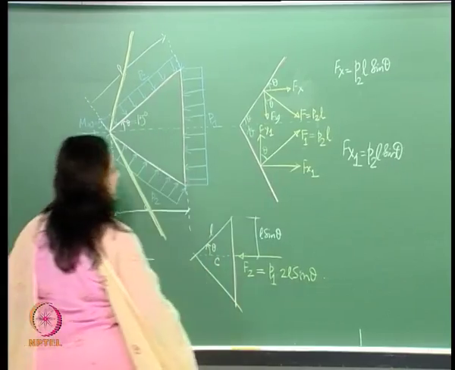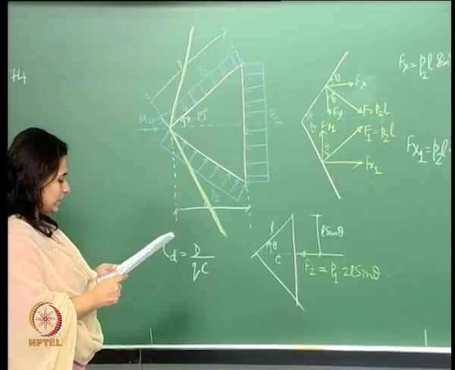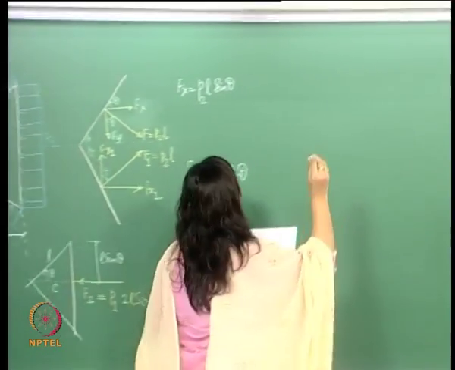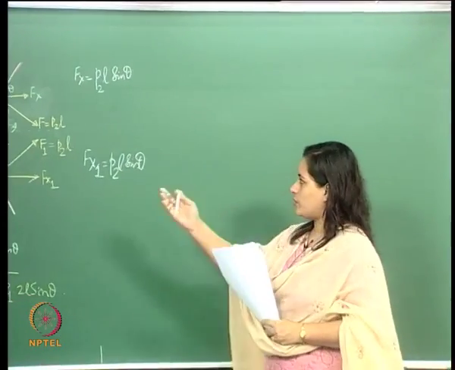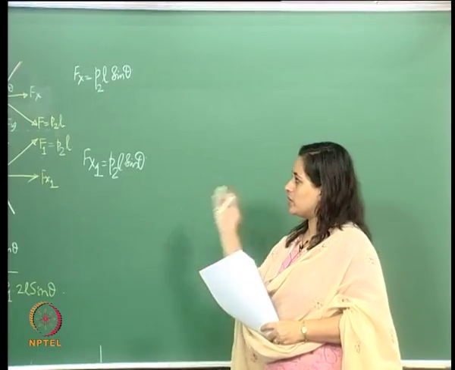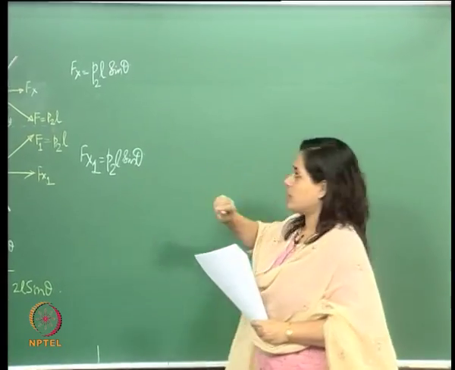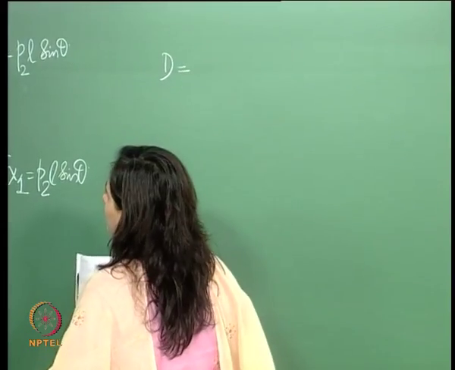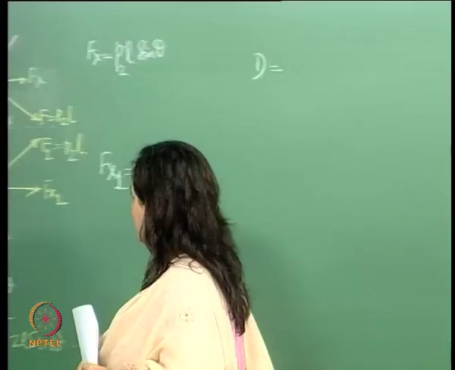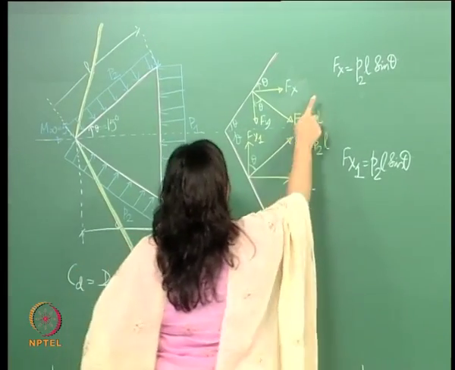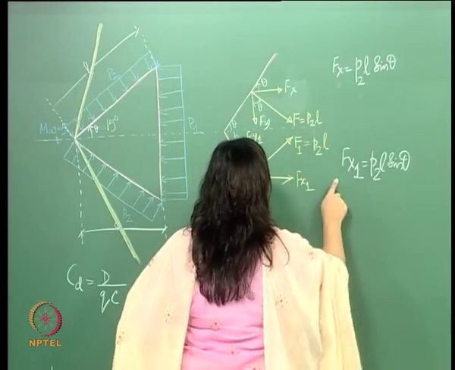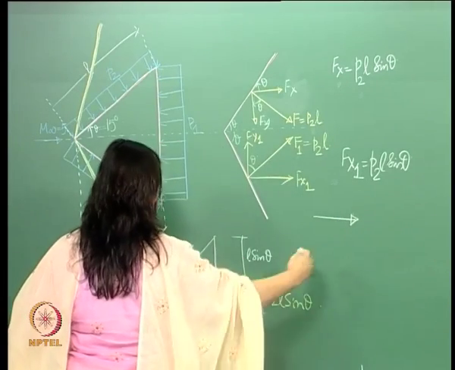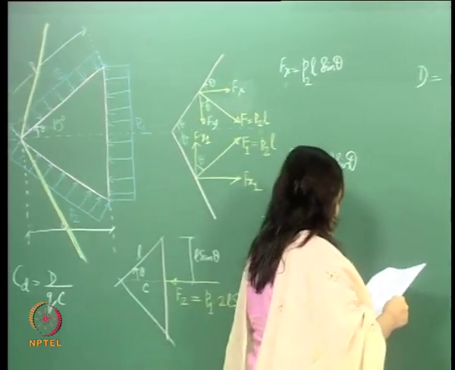So if I do that now, then what we will do here is get the drag. Okay, how do we write the drag now? So drag is basically the total forces in the horizontal direction, in the direction of the free stream. So here now drag comes out to be, okay, but it's important to see here that Fx and Fx1 are in this direction, F2 is in the horizontal direction here, right.